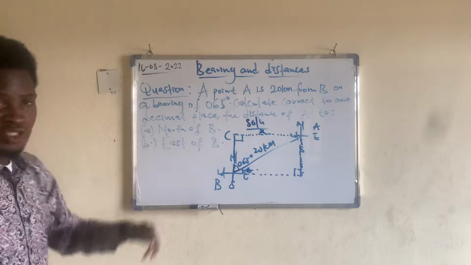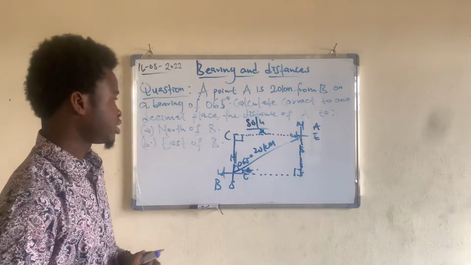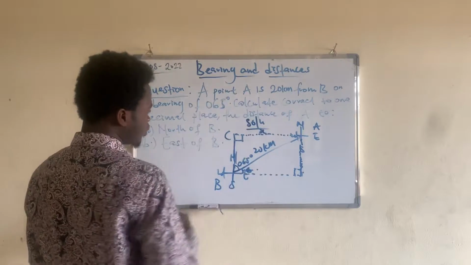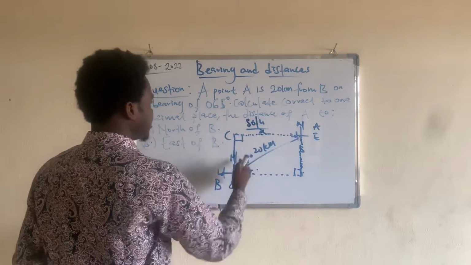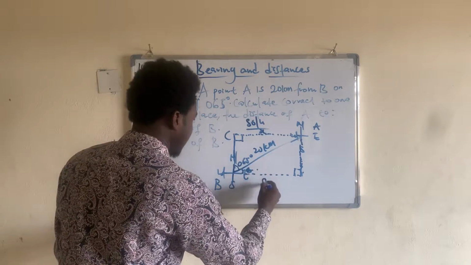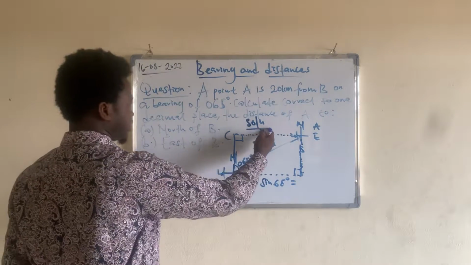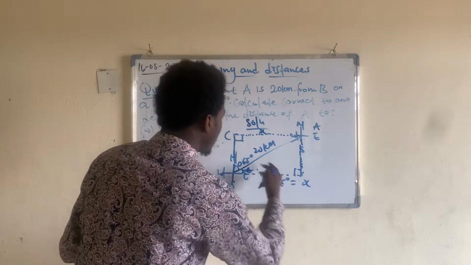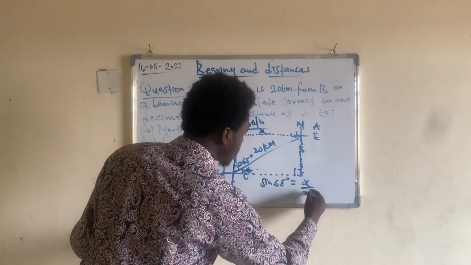Okay, let's attempt our first question, north of B. To get that, we make use of our trig function since it is a right angle triangle. This is the unknown we are looking for. The angle in this triangle here is 65 degrees. So we use our trig function: sine 65 degrees is equal to the opposite of the angle, which is x, over the known side, the hypotenuse. That's x over 20.